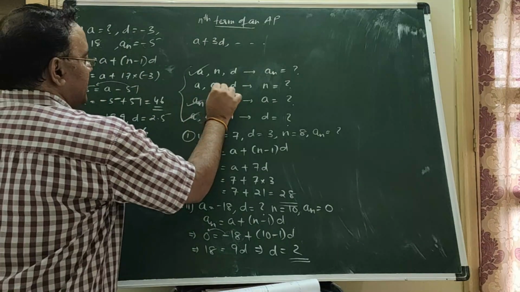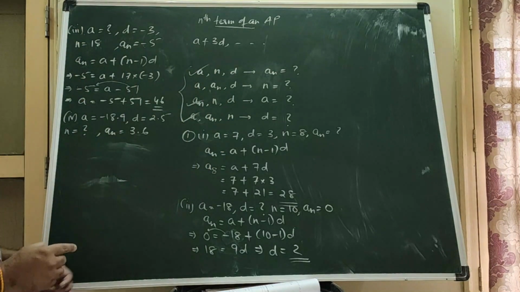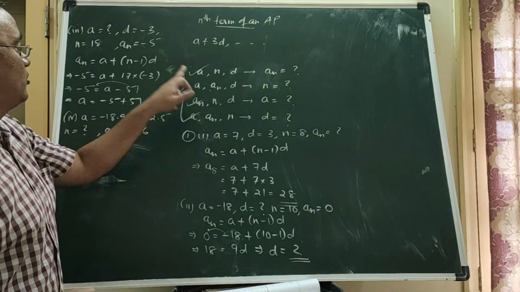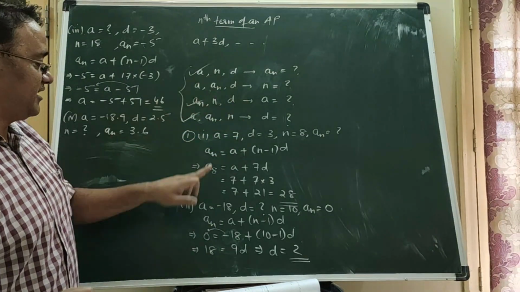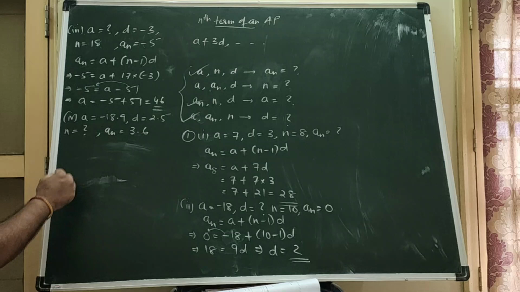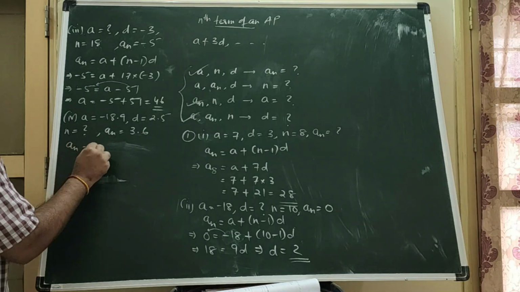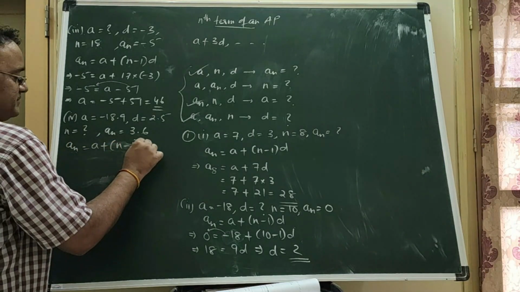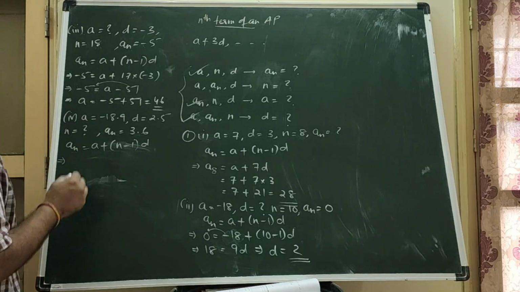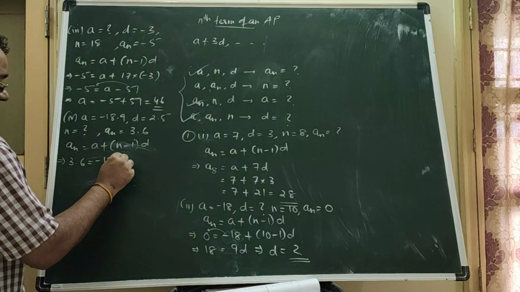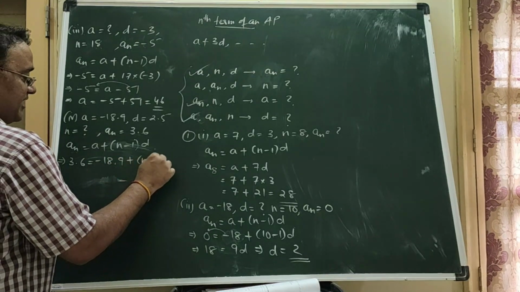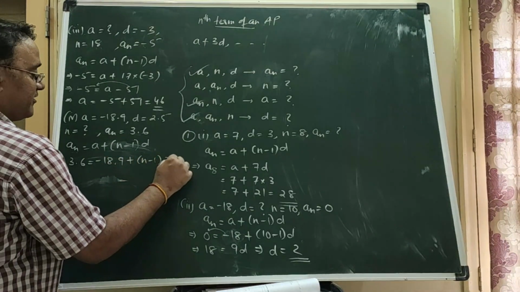So now this type of question भी आ गई. The second type of question, ये a हमने third bit और d यहाँ पे निकाले थे second bit में और a निकाले थे first bit में, right? Now we'll write the formula first. So an is 3.6, a is minus 18.9 plus n minus 1 into 2.5.